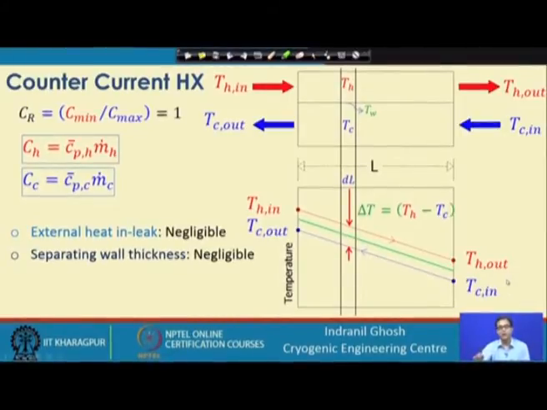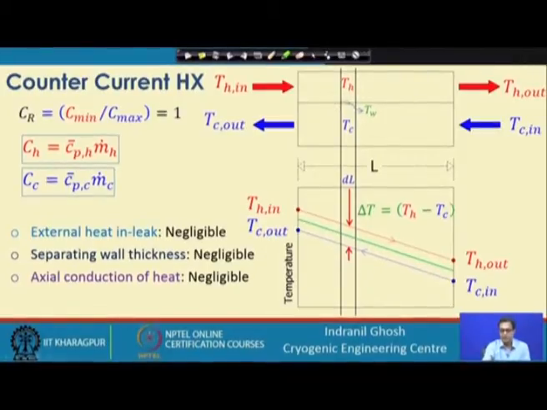The separating wall thickness, we are assuming it to be negligible. By saying that the wall thickness is negligible, we mean that the heat flow from the hot fluid to the cold fluid is not affected by the resistance of the wall. In addition to that, we also assume that there is no axial conduction. What is axial conduction?